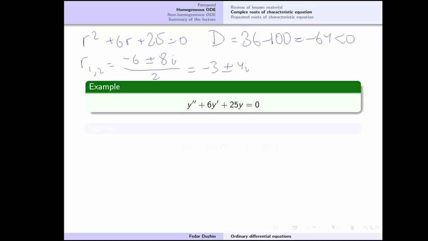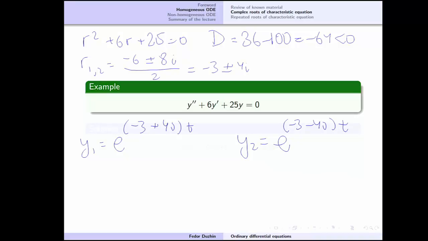Okay, so it means that the following two functions, y1, which is e to the power minus 3 plus 4i times t, and y2, which is e to the minus 3 minus 4i times t, are two solutions of the given differential equation, and the only problem is that they are complex valued solutions.